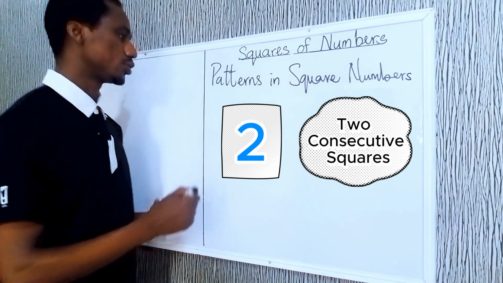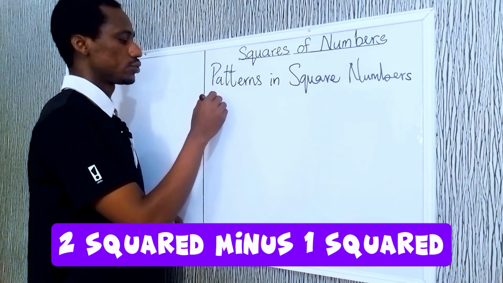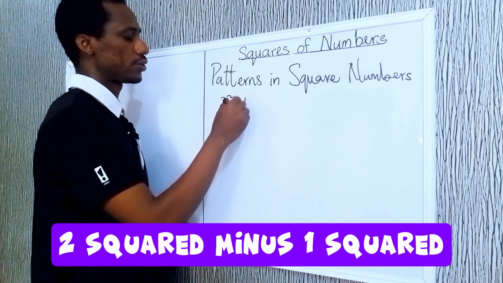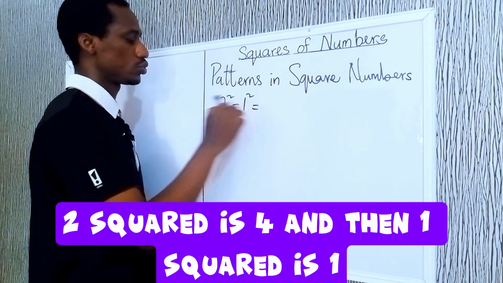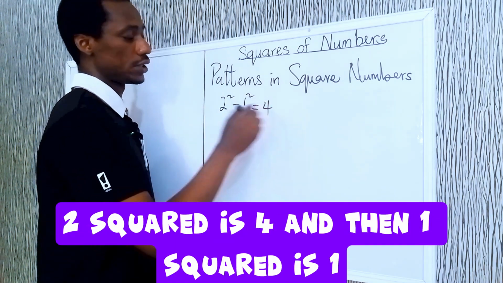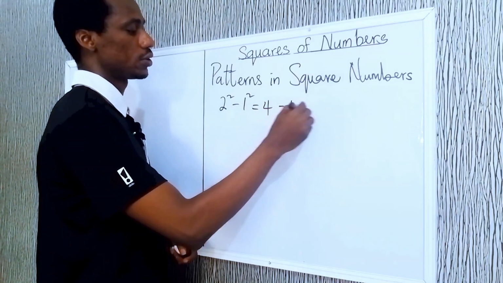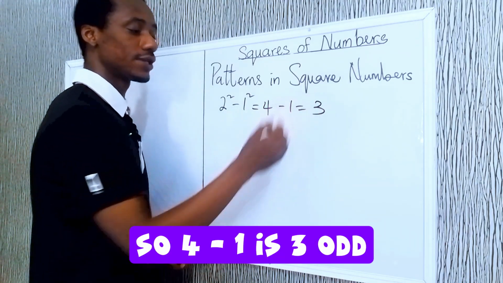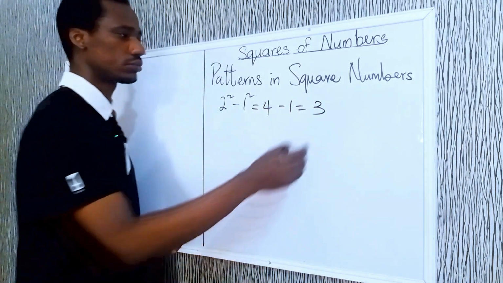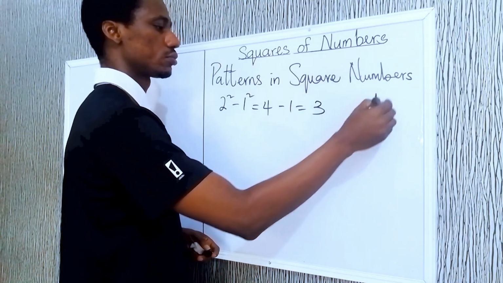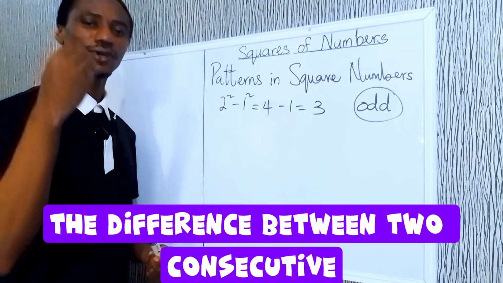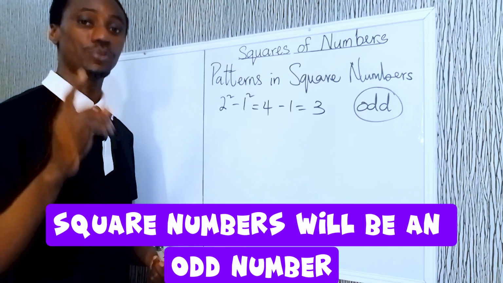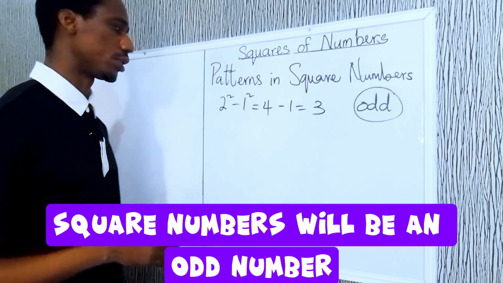So I have 2 squared minus 1 squared. The answer will be an odd number. 2 squared is 4, and 1 squared is 1. So 4 minus 1 is 3, odd. The difference between two consecutive square numbers will be an odd number.